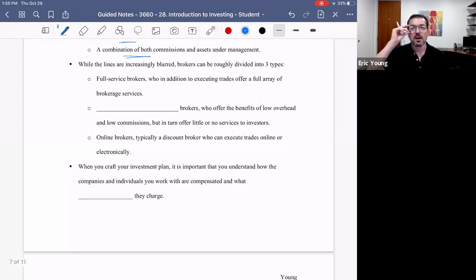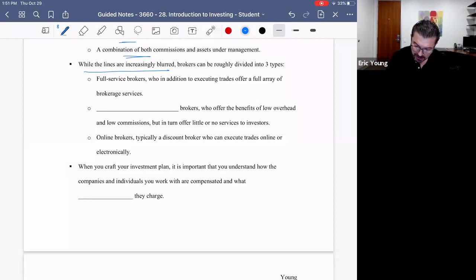Okay. When we talk about stockbrokers, we also talk about the brokerage houses or the big companies in which these things operate. Again, due to lots of financial innovation, technology and advancement, the lines are getting really blurred nowadays.